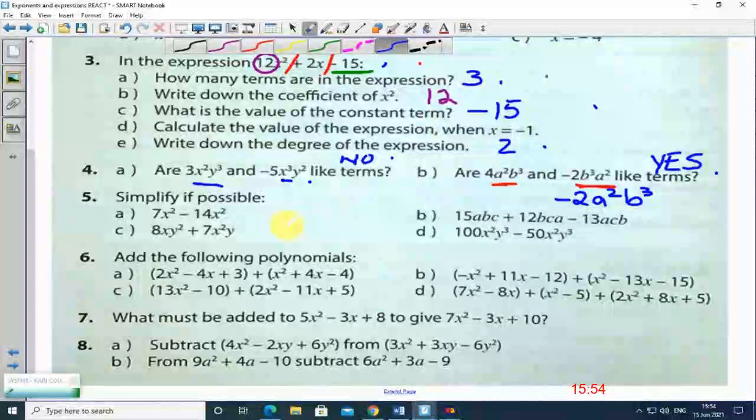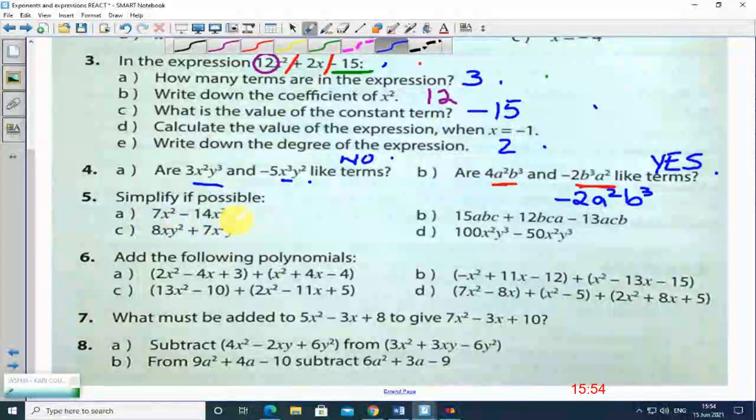Alright, so let's look at our first question. Now this is saying I've got 7 x squareds and I'm subtracting 14 of them. Okay, it's quite hard to conceptualize subtracting more of something than we have.